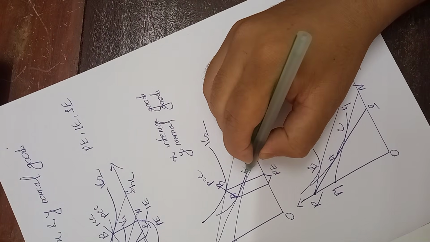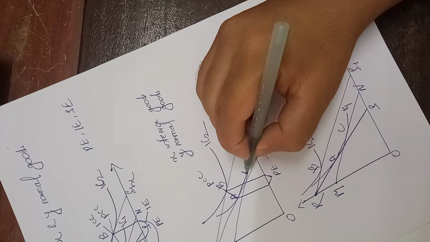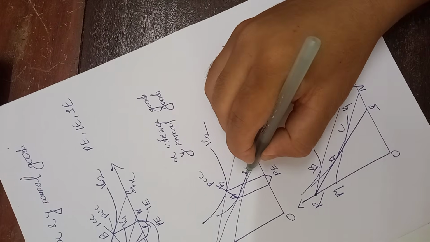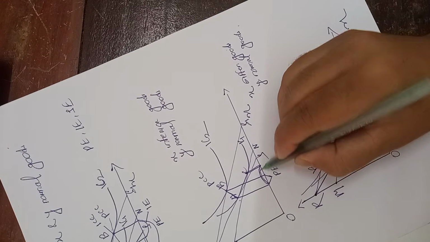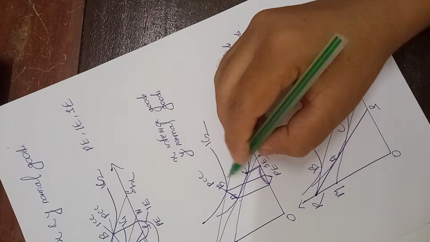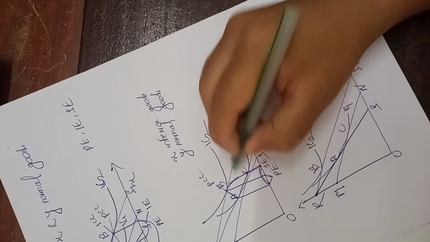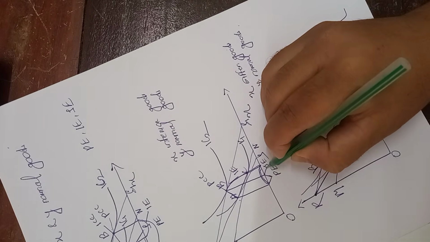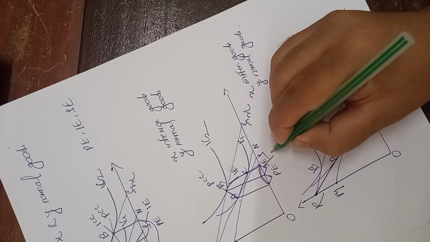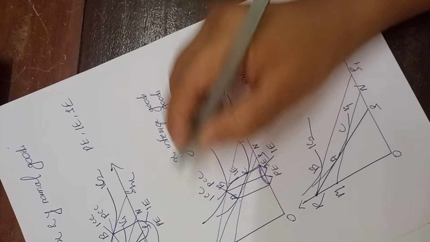So here is the equilibrium because of income reduced. Here to here, A to C, it is the substitution effect, and C to B, it is called the income effect. This curve we can call the income consumption curve.